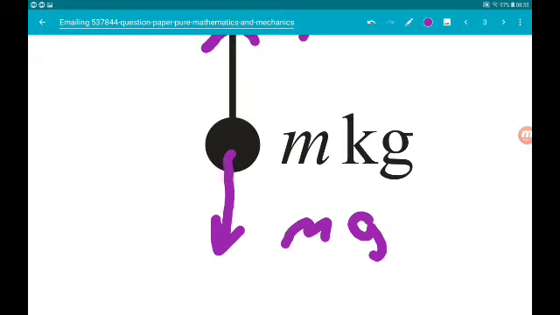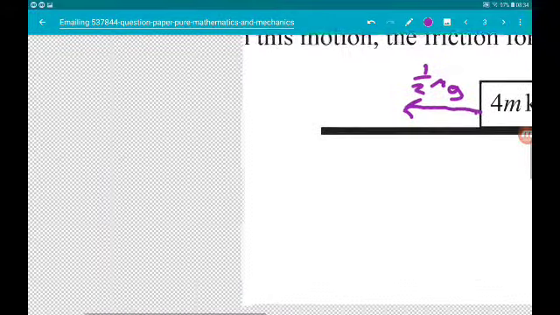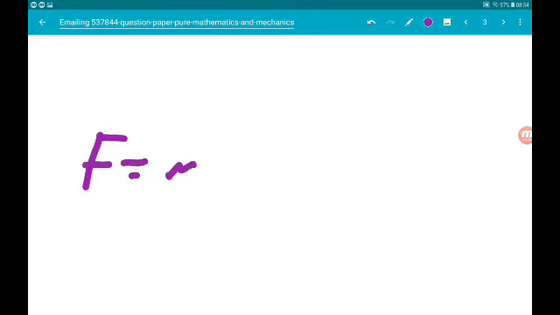Okay, so now for each of the block and the particle we form equations of motion. By Newton's second law, force is mass times acceleration.